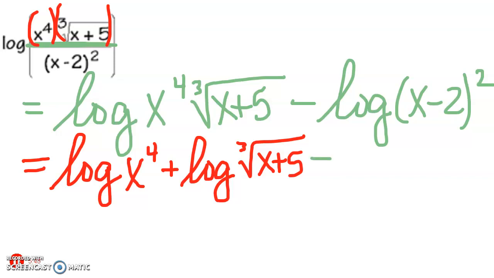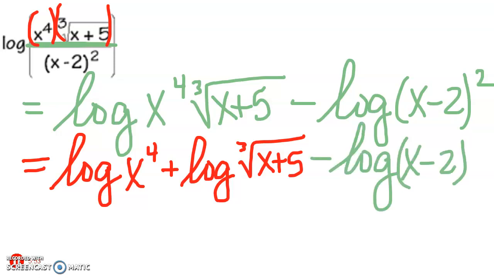And we still have minus log x minus 2, the quantity squared. Okay? So that's how you expand the multiplication of logs. That becomes addition. The multiplication of the arguments becomes addition of logs. So the arguments are these little pieces here that got multiplied. Okay.